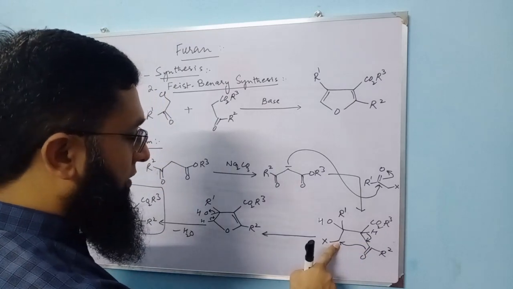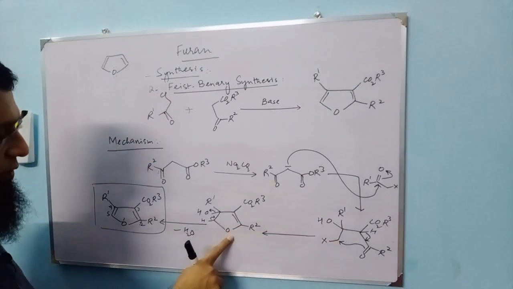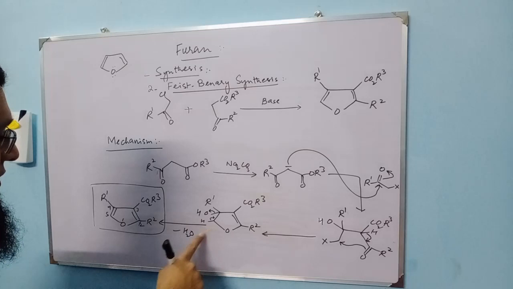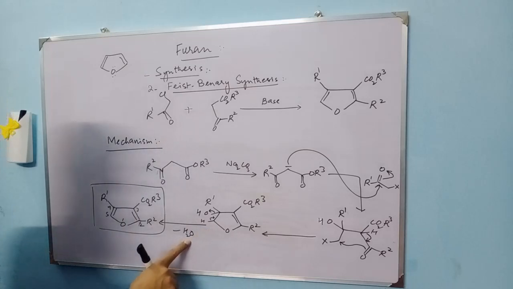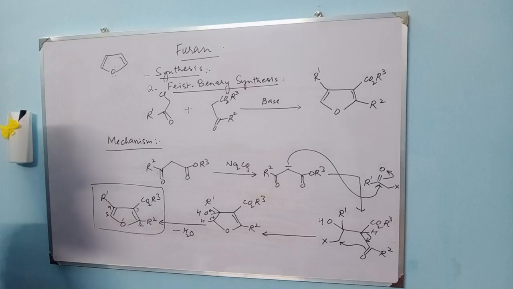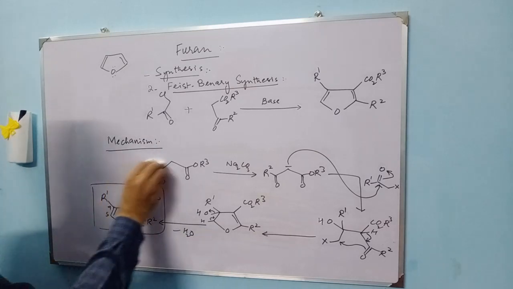As a result of this SN2 nucleophilic substitution reaction, we get this molecule, and in the last step dehydration occurs, water molecule is eliminated, and we get 2, 3, 4 tri-substituted furan derivative. So this was the mechanism.